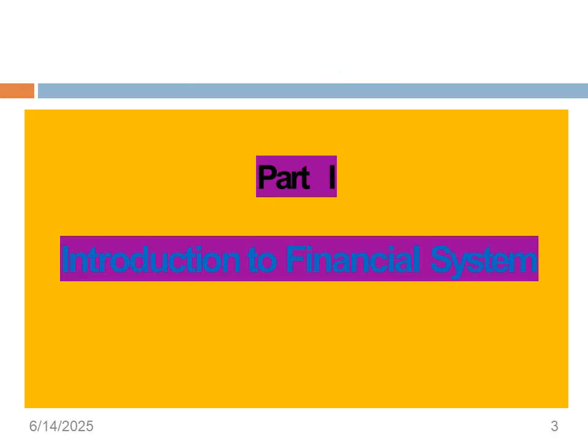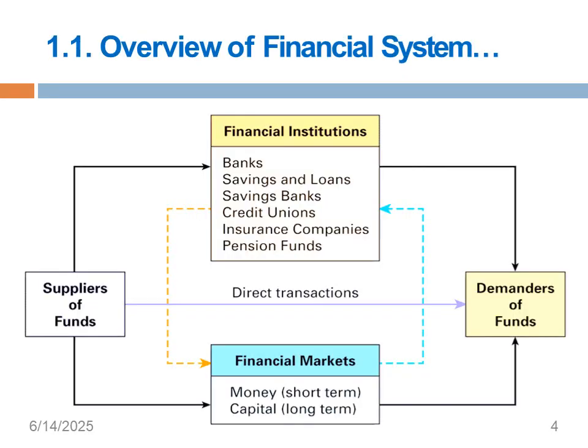Part 1, Introduction to Financial System. The overview of financial system. There is a demand and a supply in financial markets as in commodity markets.